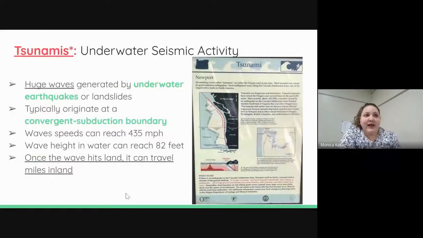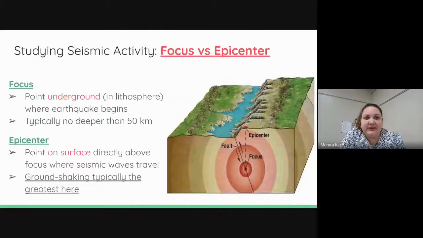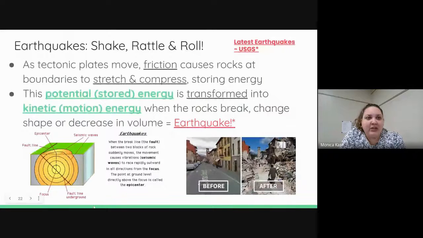So also real quick on that website that Ms. Laporte pointed out, I believe it was slide 22, you can go on there and click on some of those places. And it looks like there was just one recently in New Zealand that ranked it at 8.1. And then it goes in and it tells you a little bit more detailed information on it. So they're kind of cool if you do find this interesting to go in there and take a look at some of that other information.